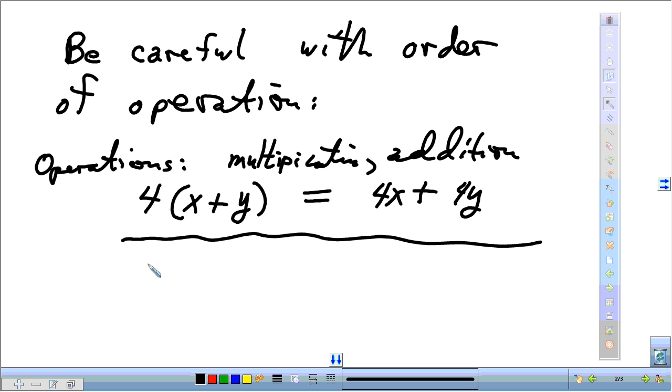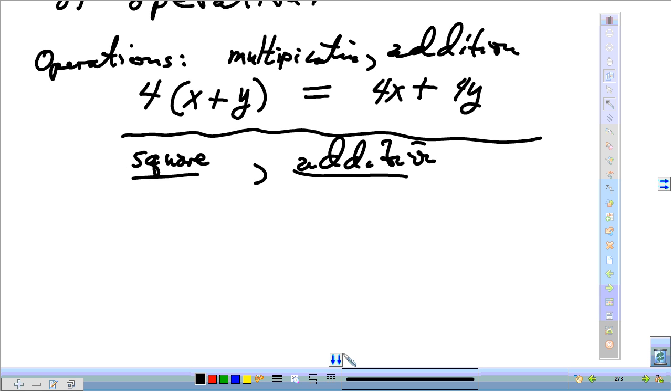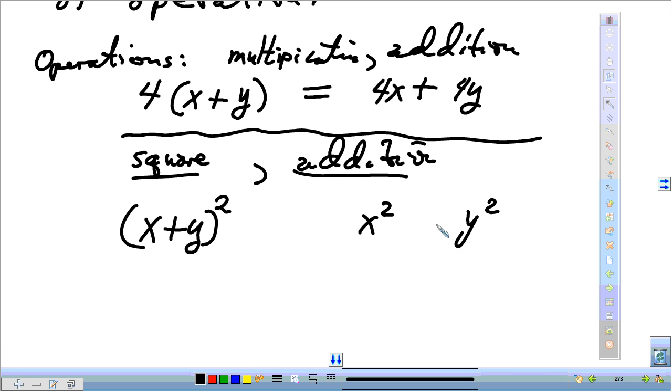But then we run into other places where we might have the square operation and addition operation. We could add first and then square, or we could square first and then add. Same operations, opposite order again.